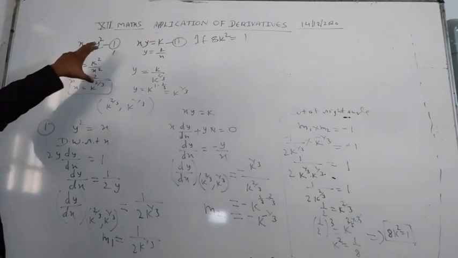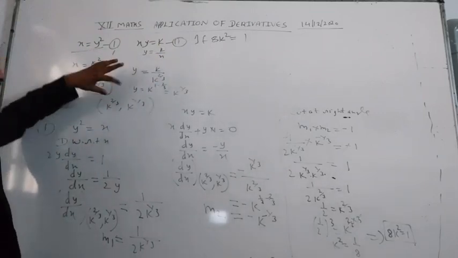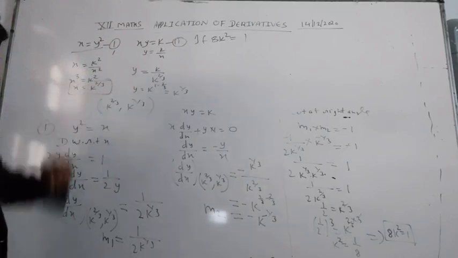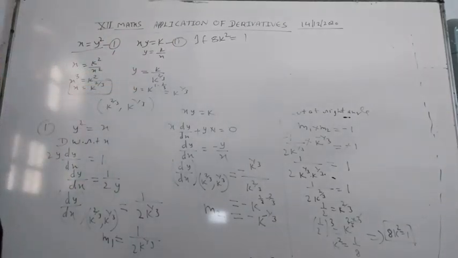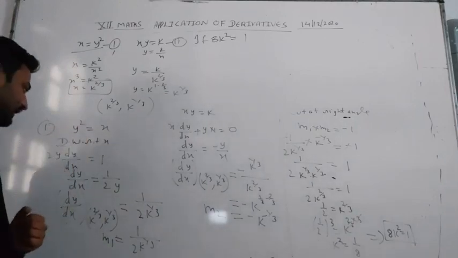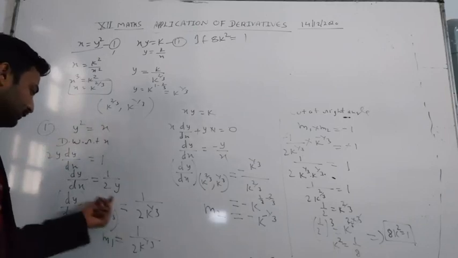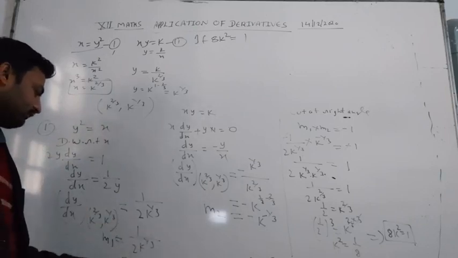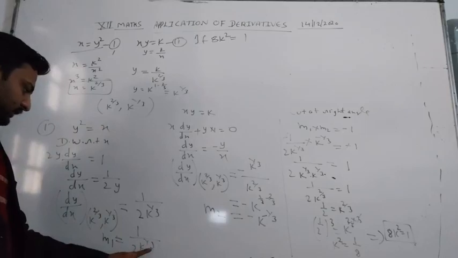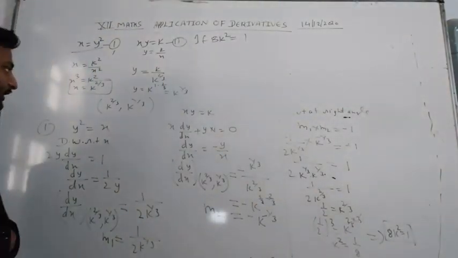Okay, and first we substituted the value of y and x and got the intersection point here. After getting the intersection point of these two curves, we took the first curve, differentiated this and found dy by dx at that point. We got our slope of the first curve as 1 by 2 k to the power 1 by 3. Okay.